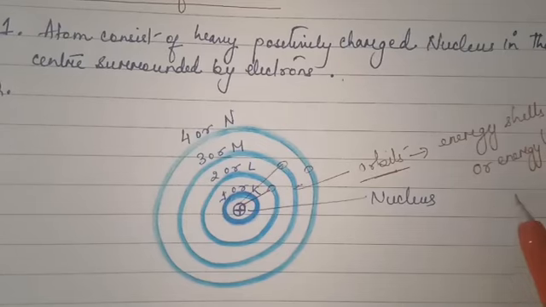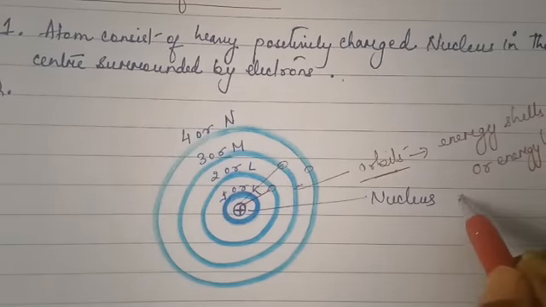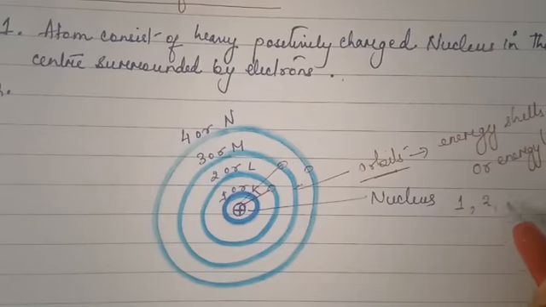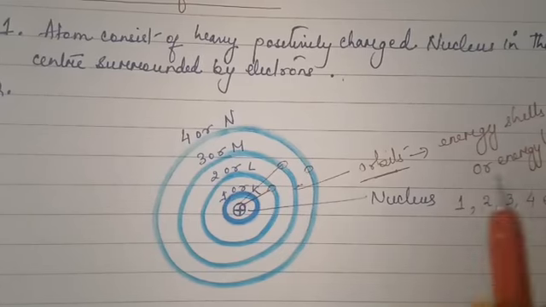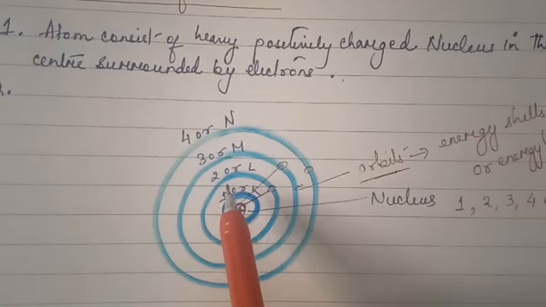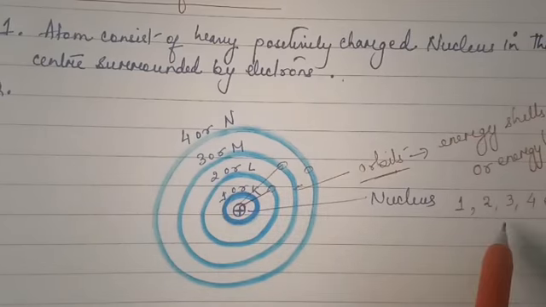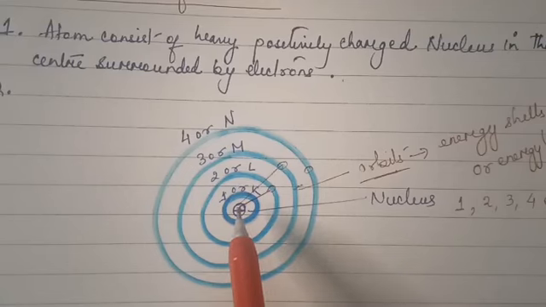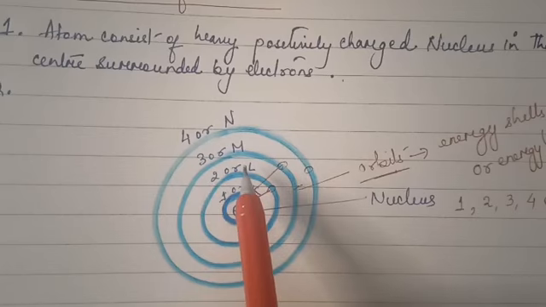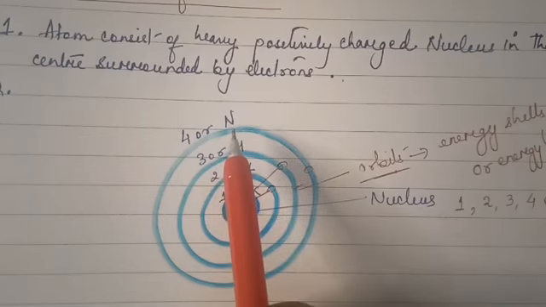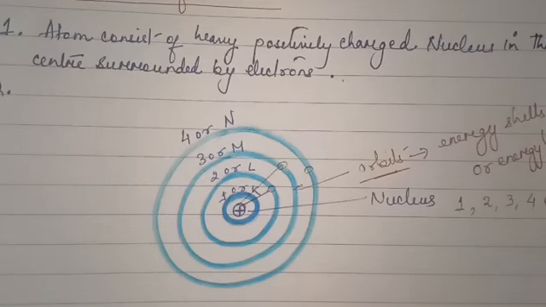These energy levels are numbered 1, 2, 3, 4, etc., as you can see in the figure. We can also designate them as K, L, M, N: 1 stands for K, 2 stands for L, 3 stands for M, 4 stands for N, and it will continue.